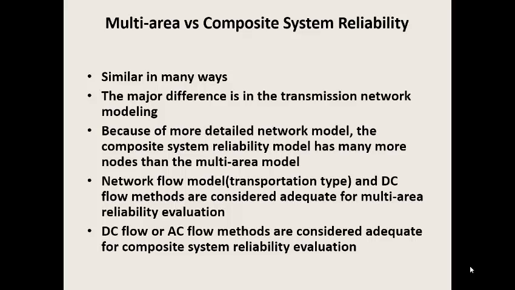In the composite system reliability evaluation, the transmission network is modeled in more detail than in the multi-area reliability evaluation. So as a result of the more detailed representation of transmission, there are more nodes than in the multi-area reliability evaluation.